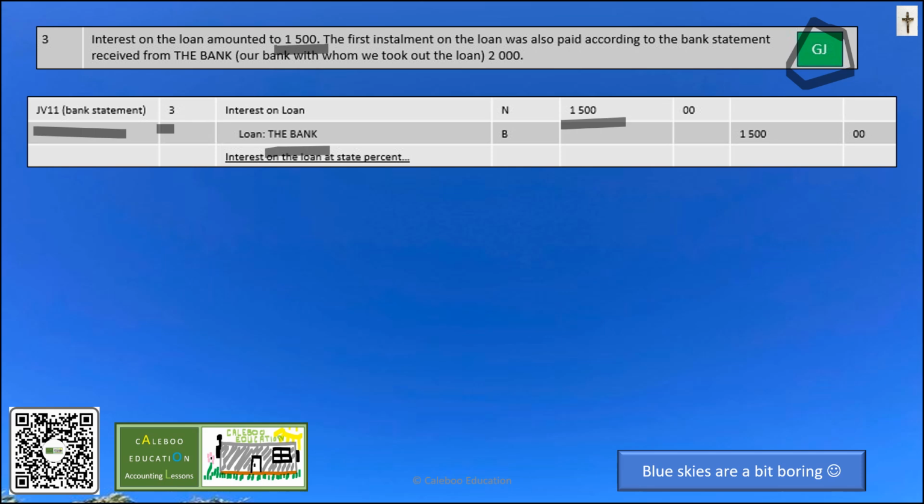Something I haven't mentioned yet is in this details column, the account that is credited. Before you write the name of the account, there's a little indentation there. It's just showing that the account is credited. The debit account gets written up against the line.